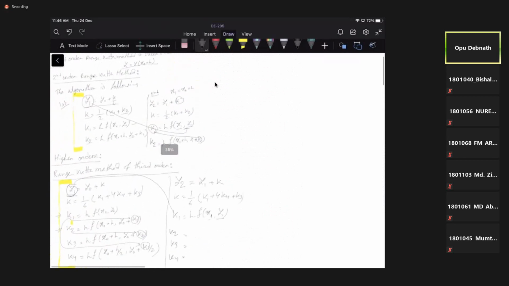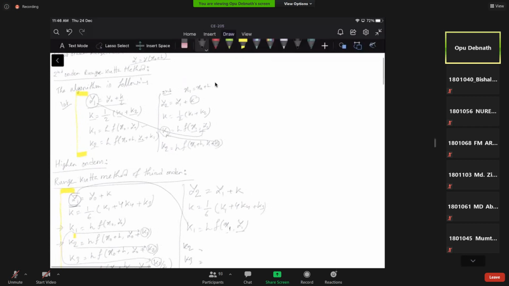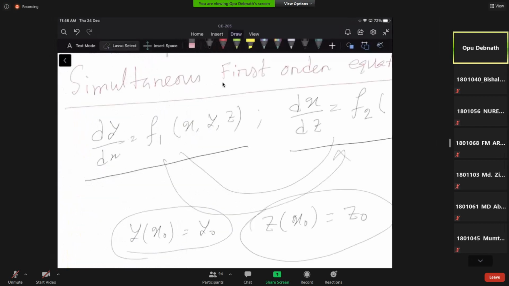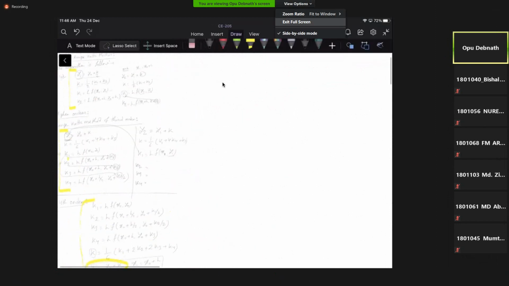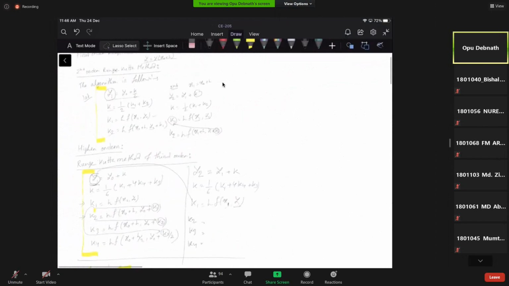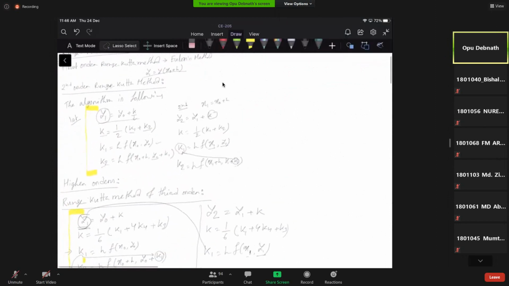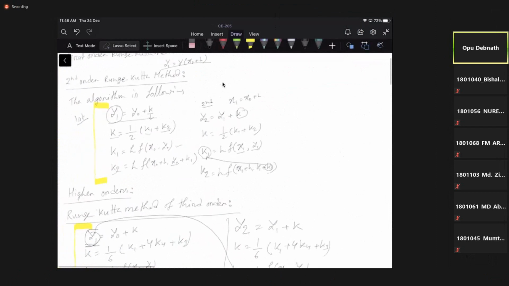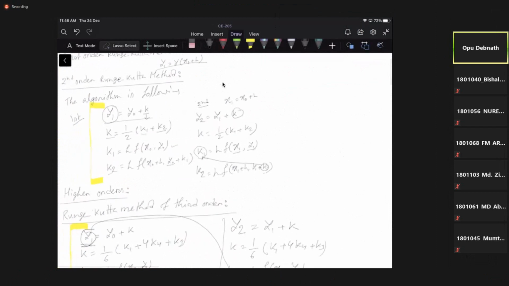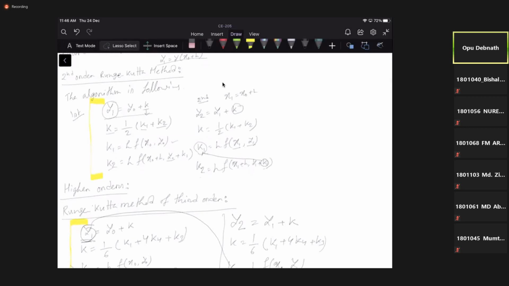I would like to simply recall these equations. This is also very similar to a first order differential equation with a single variable.